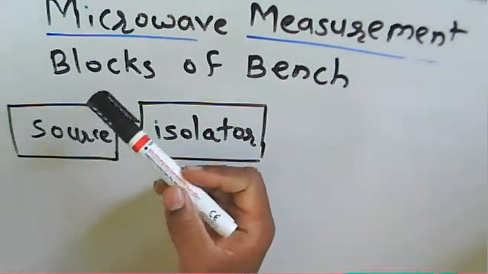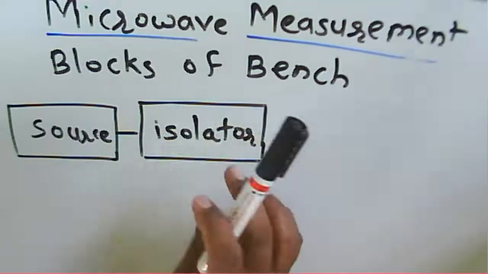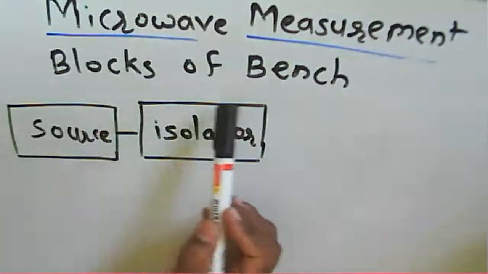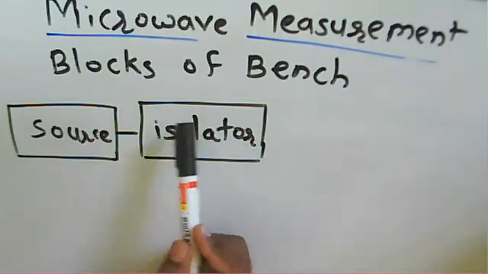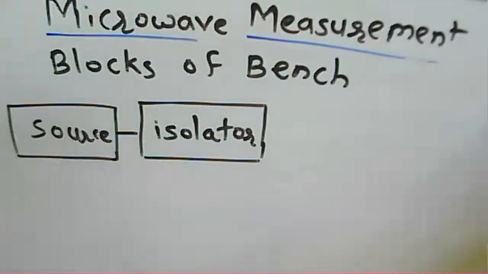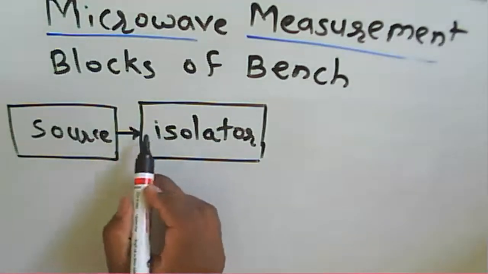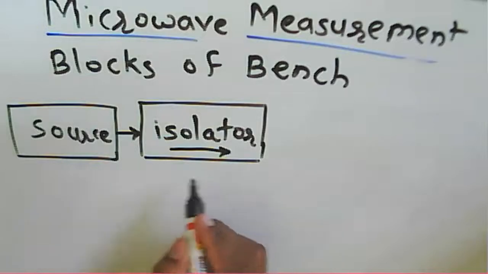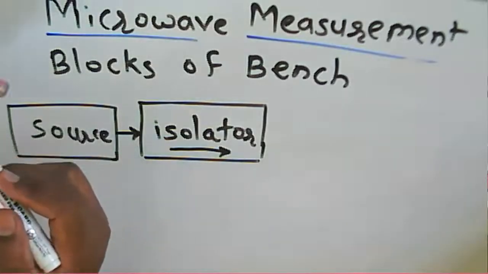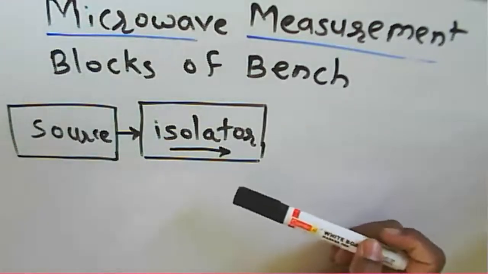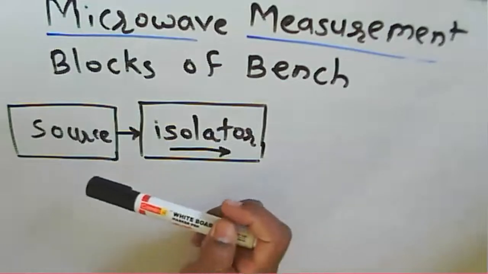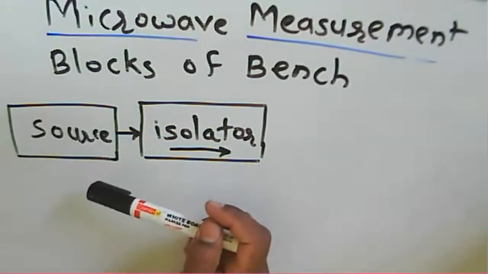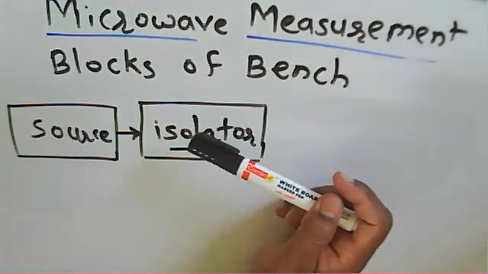To avoid that reflected signal reaching the source, a device called an isolator is used. It allows the signal only in a given direction and does not allow the signal backward. If the reflected signal reached the source, our source may get damaged, so we use an isolator here.